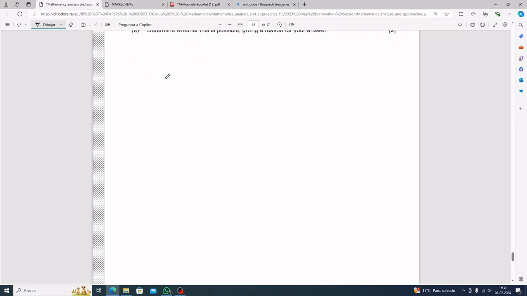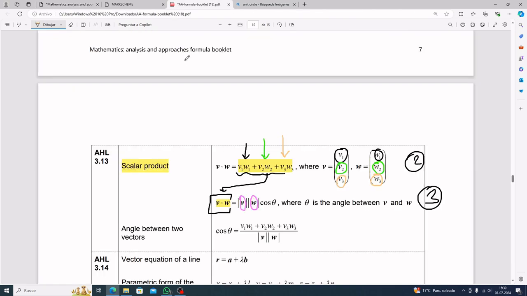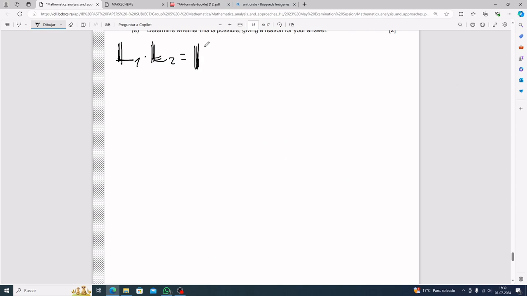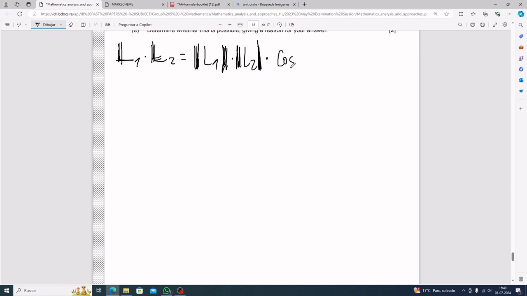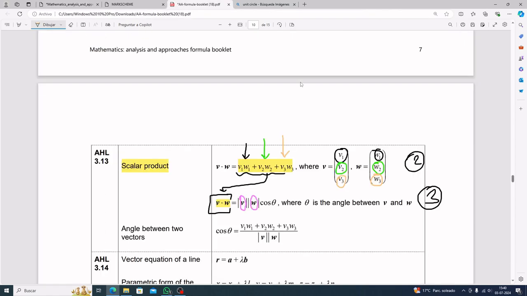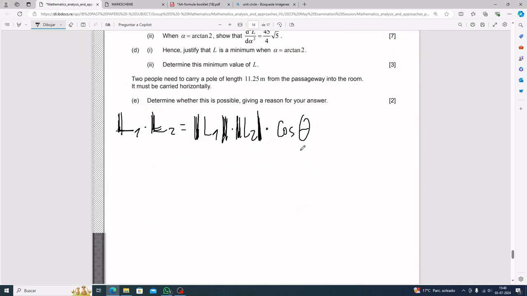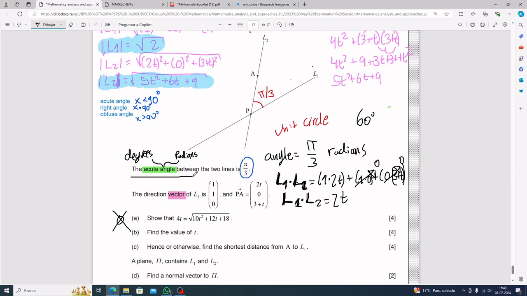This last formula is the bolded L1 times the bolded L2 equals the absolute value of L1 times the absolute value of L2, right, times cosine of theta. And what's theta? The angle between V and W, which is what they give us right here: the acute angle between the two lines is pi divided by 3.